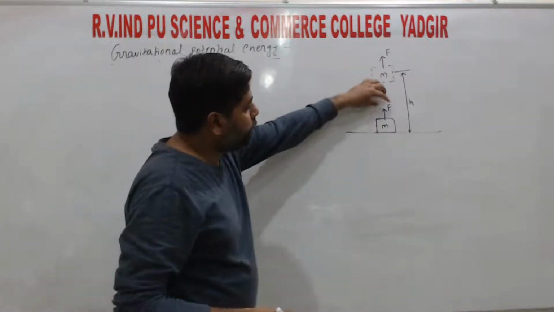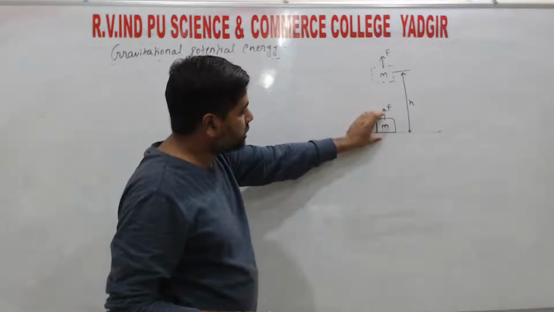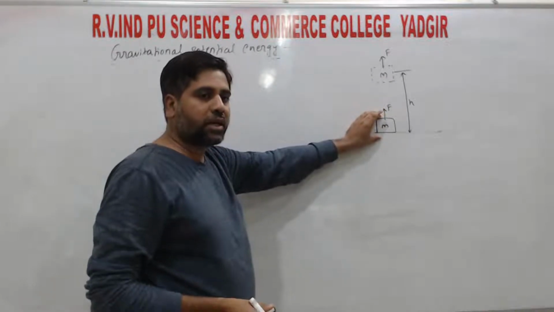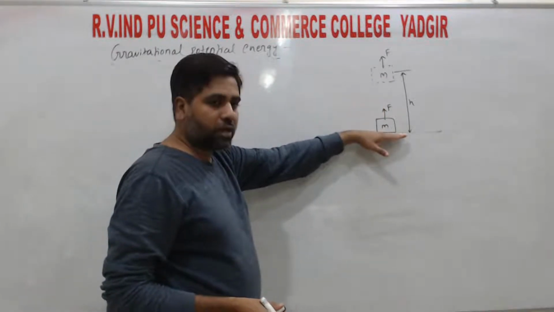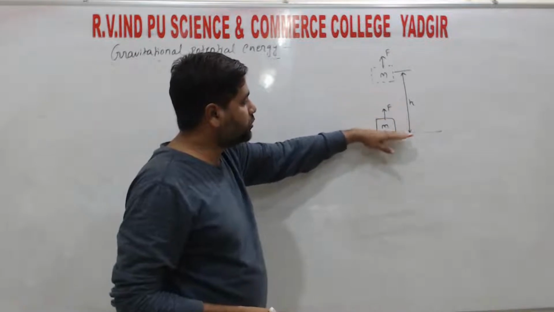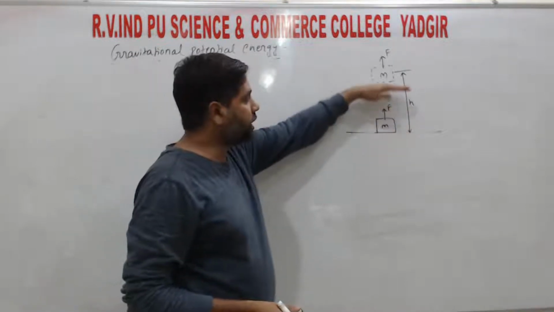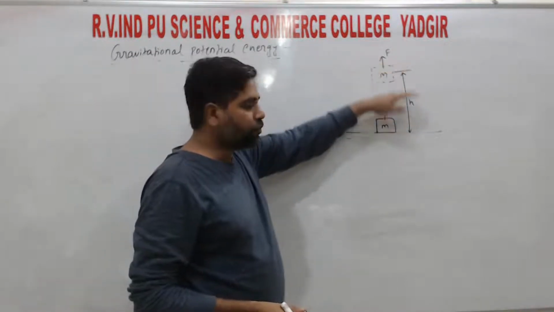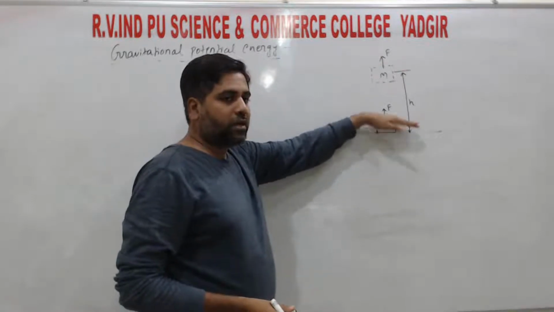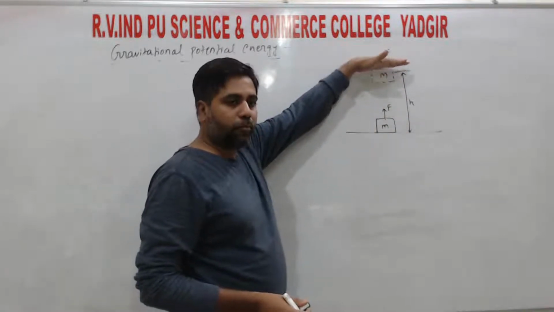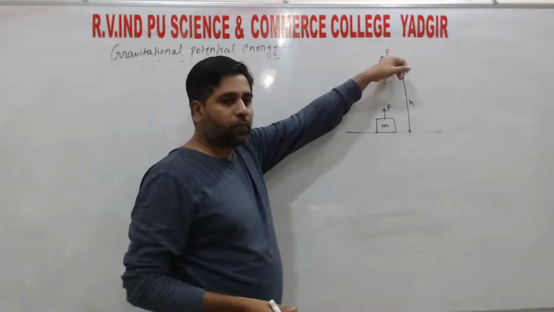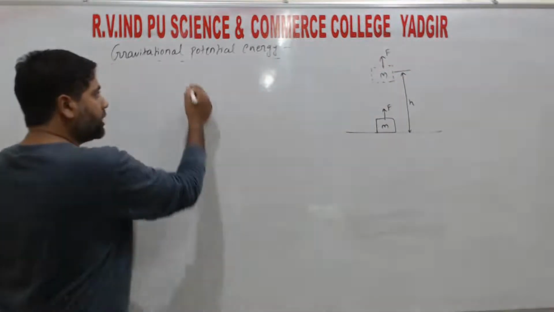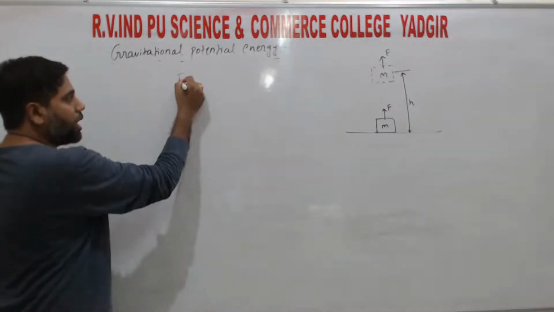The force acts on the object. Since the force acts, the position of the object changes. Initially it is on the ground. As the force acts, it displaces its position to a certain height h. So the object on the ground comes up by that height, because of the force F. That means F is the applied force.